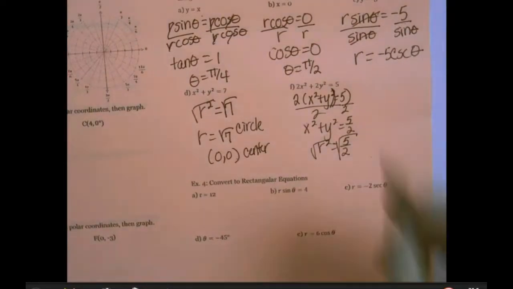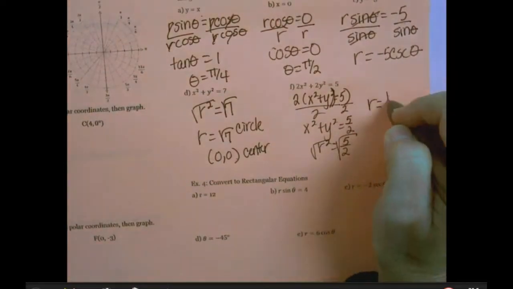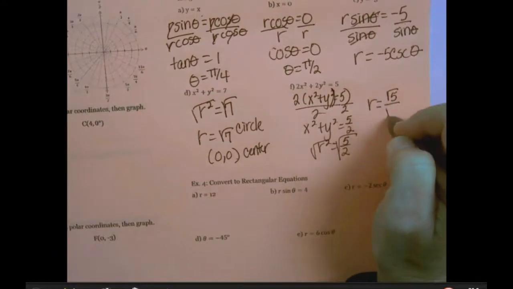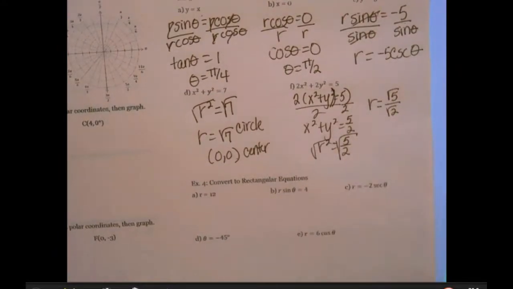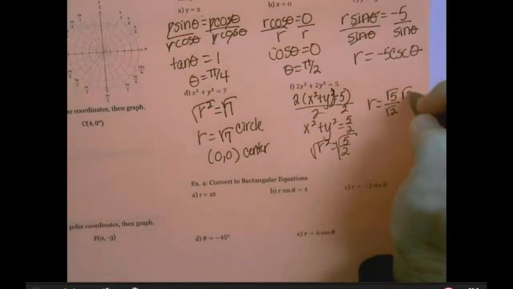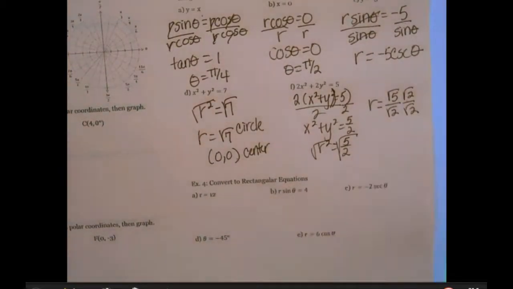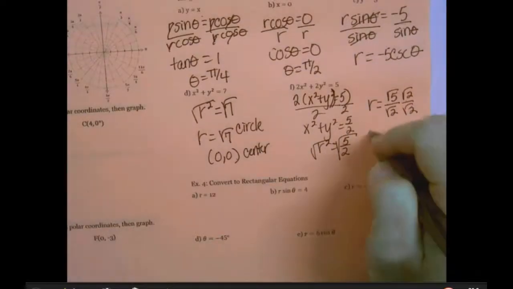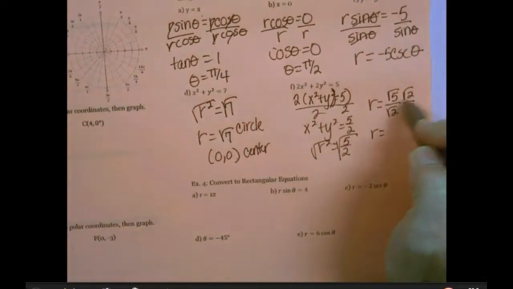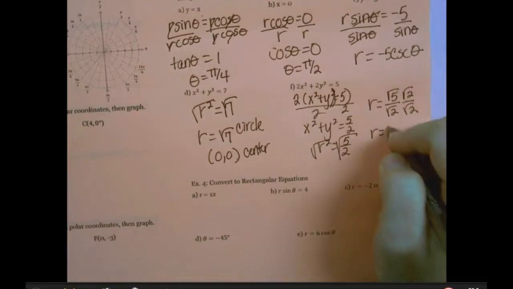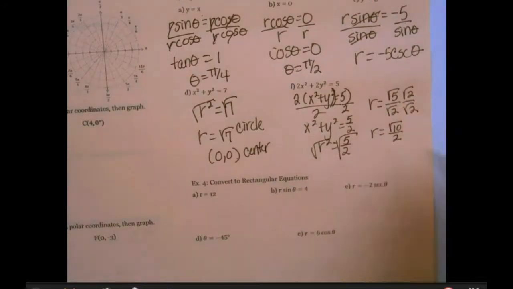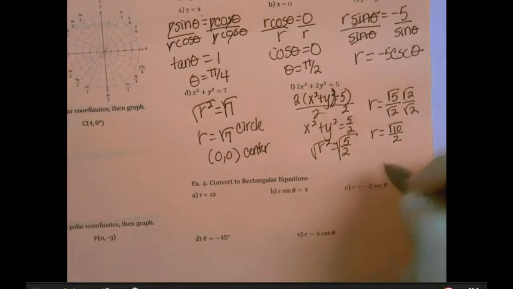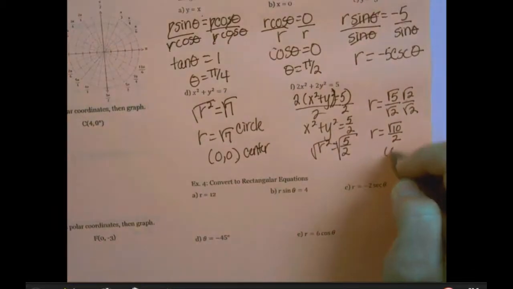All right. So r equals the square root of 5 over the square root of 2. Can I have a square root in the denominator? So you can go ahead and multiply the 5 times the 2, and you get the square root of 10 over 2. And so the center, again, is at 0, 0.